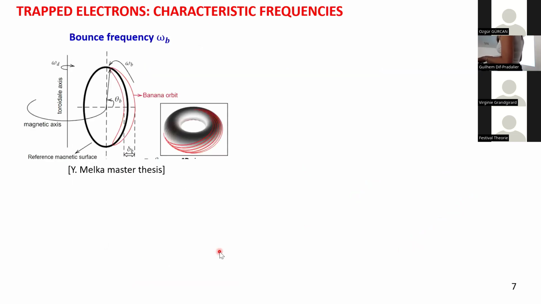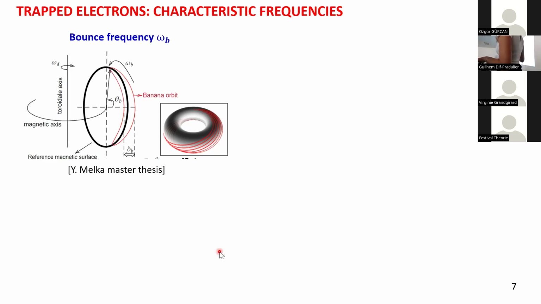Trapped electrons have some characteristic frequencies that are very important for characterizing trapped electron modes. One of them is the bounce frequency, called omega b, which is the frequency of bouncing back and forth of the particles along the banana trajectory.